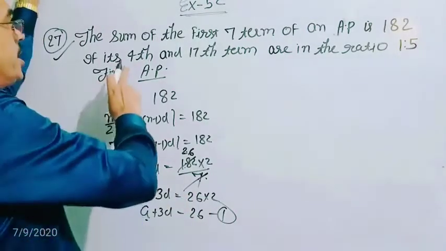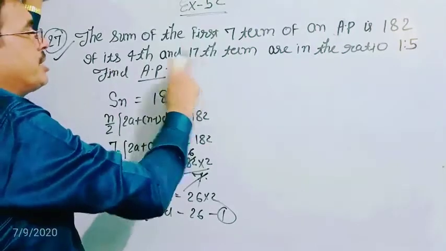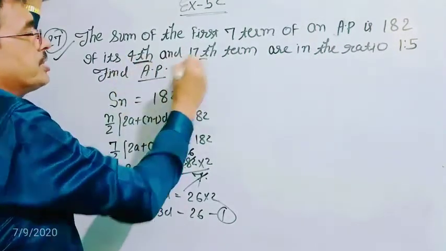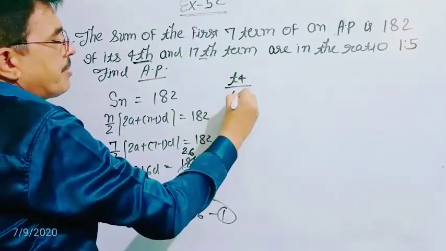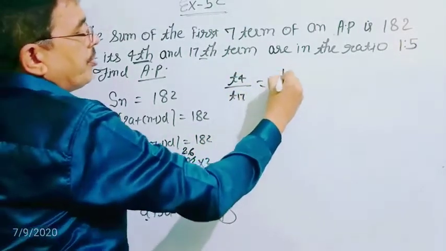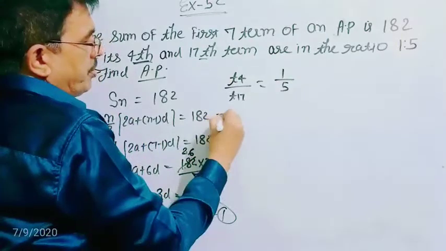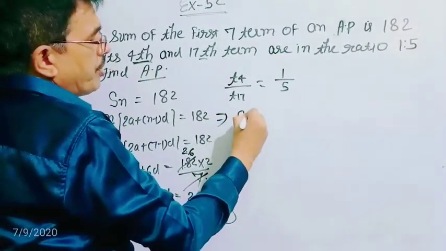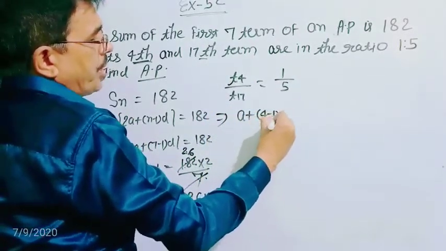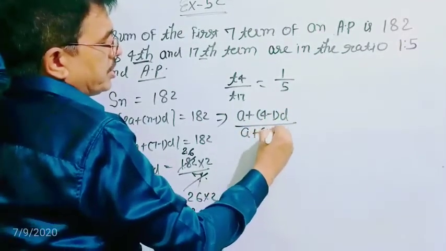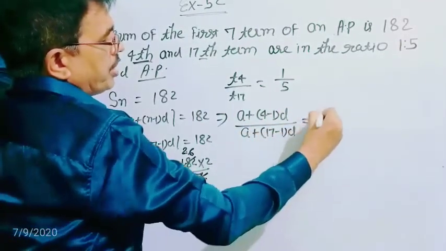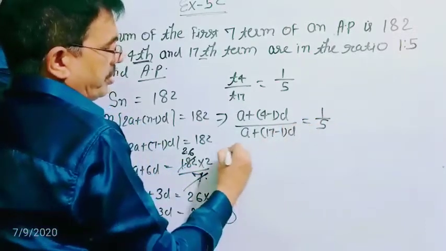Now your question is the ratio of the 4th term and the 17th term. This 4th and 17th term means T4 by T17 is equal to 1 by 5. What is T4? It is equal to A plus (4 minus 1) into D, and it is A plus (17 minus 1) into D is equal to 1 by 5.